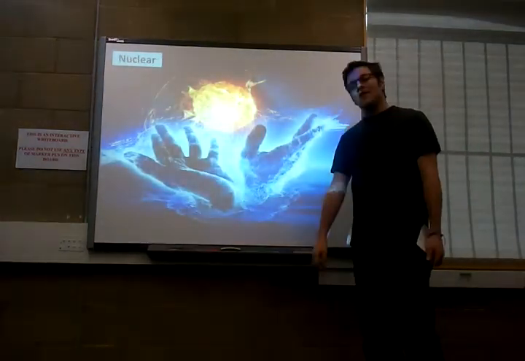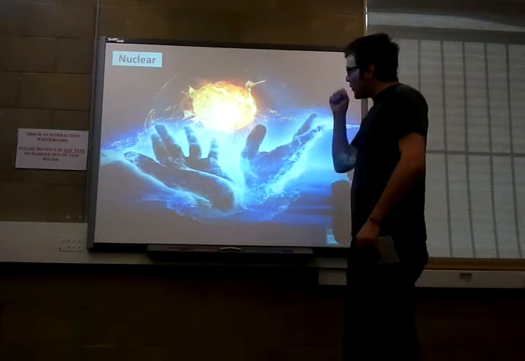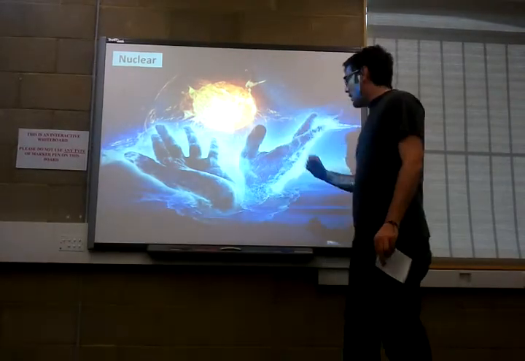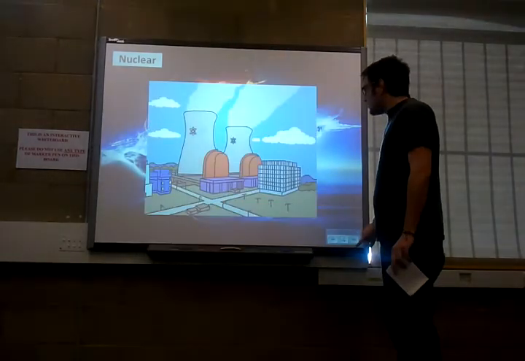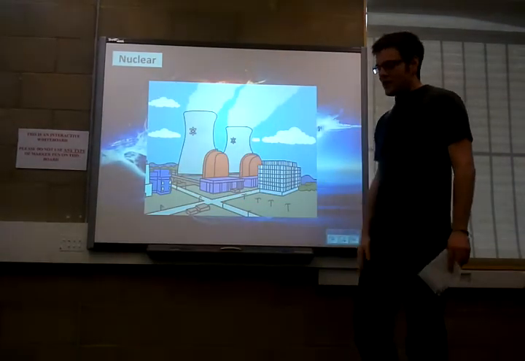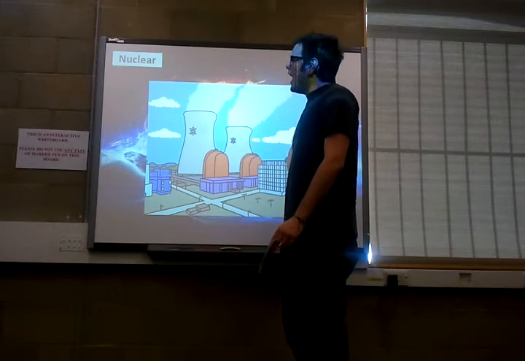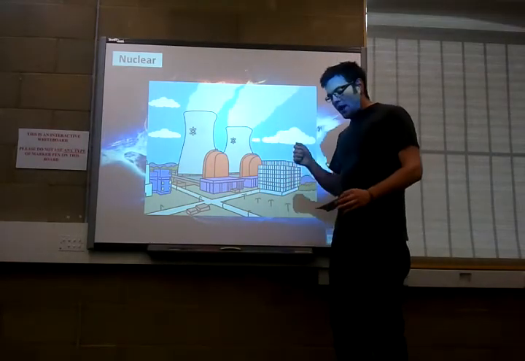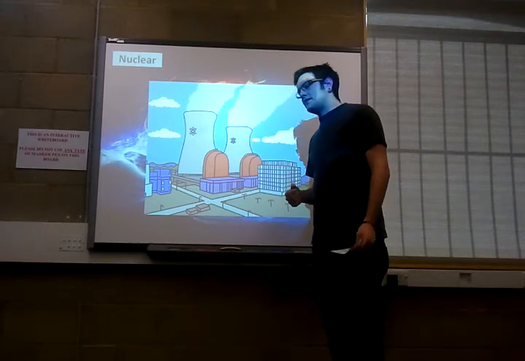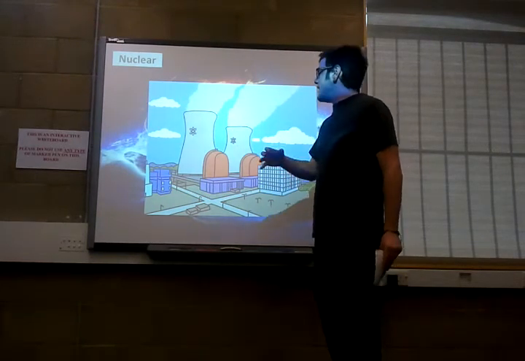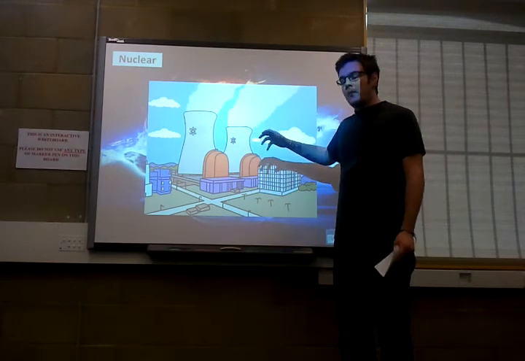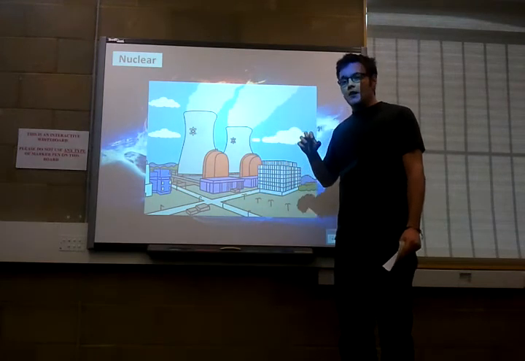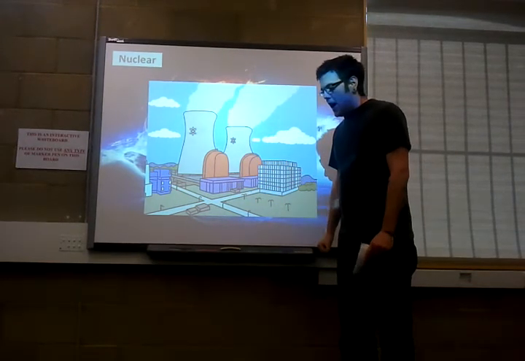Okay, and the final one we're looking at is nuclear, which we did have a very brief look at. This is obviously the Trojan power plant from The Simpsons. Nuclear energy can happen naturally, or as humans we have managed to harness it in factories, which are nuclear power plants, to create electricity.